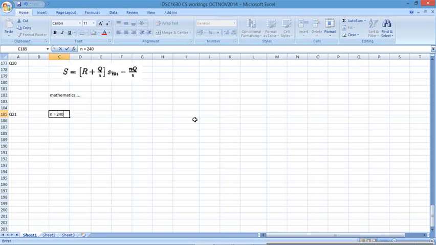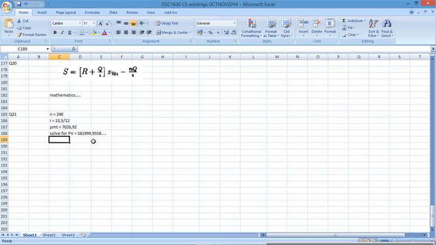So N is 240. I is 13.5% divided by 12. Payment was given as 7026.92. Solve for PV. PV comes out to 581,999.9558. Remember, what does that represent?